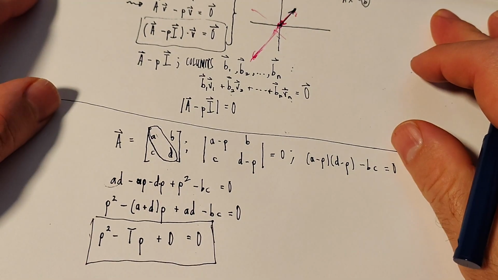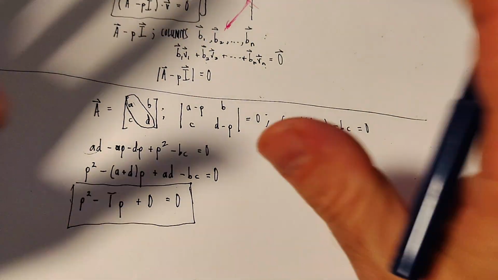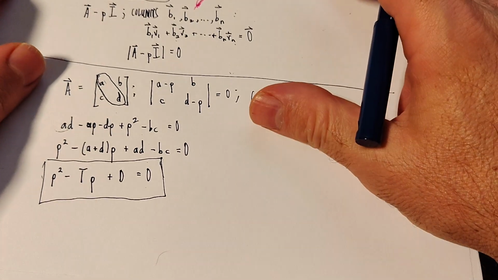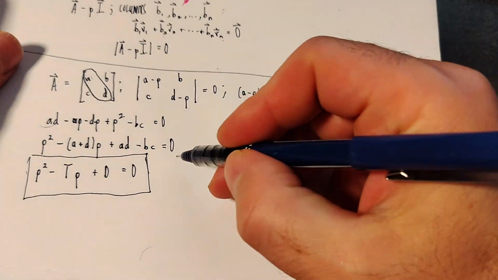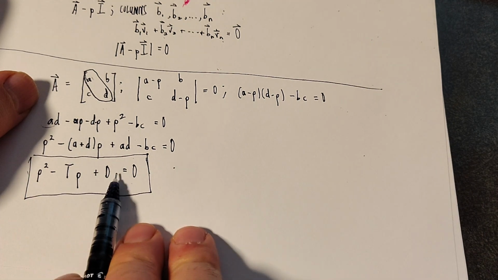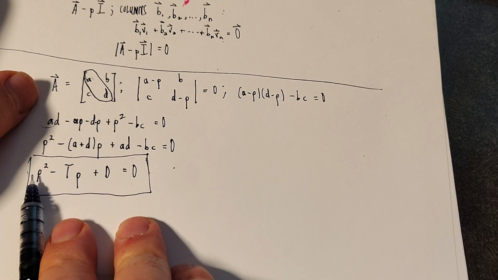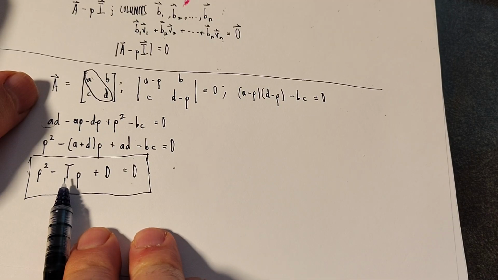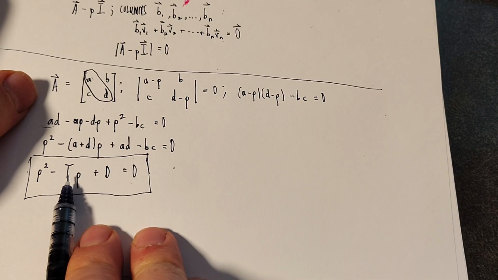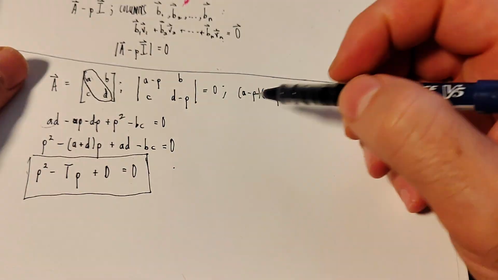All right. And if you remember, we're going to go back to our elementary school days and use the quadratic formula. So if you recall what the formula is for this, we've got an A, a B, and a C, set equal to 0. A here is going to be equal to 1. B is going to be the negative trace, and then C is going to be equal to this value, the determinant.